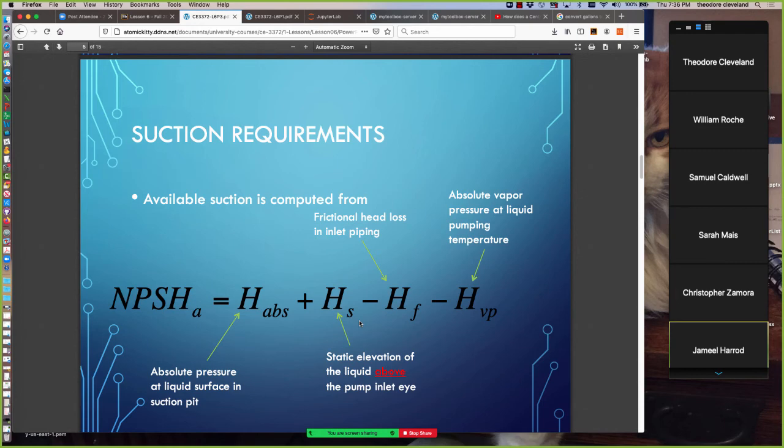Keyword above, minus the frictional head loss in inlet piping, minus the vapor pressure of the liquid at the pumping temperature. All those terms are expressed in units of head, so either in meters or feet, as the case may be.